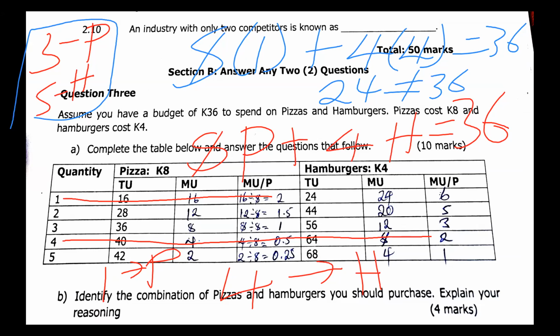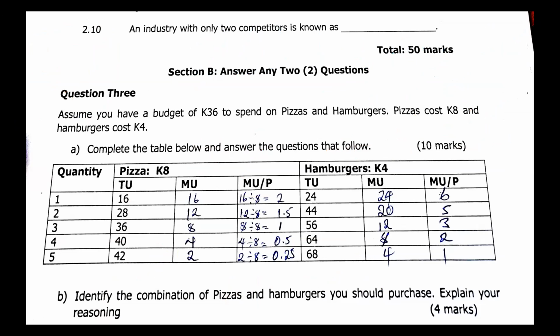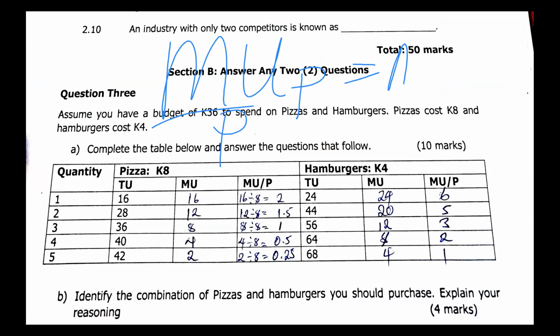Your satisfaction is only maximized at a point where marginal utility of pizza over price shall be equal to marginal utility of hamburgers over price. Is that fair? Fair, sir.